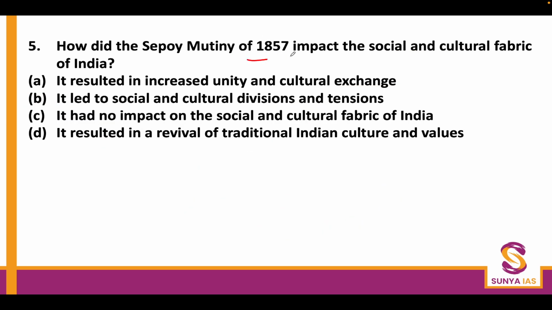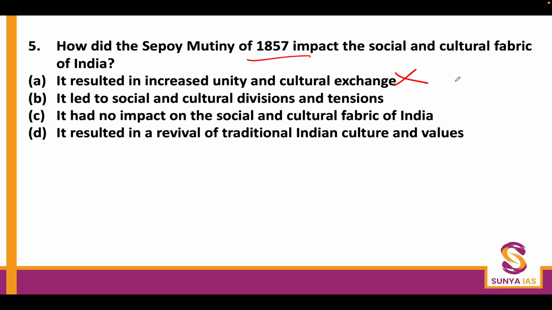How did the Sepoy Mutiny of 1857 impact the social and cultural fabric of India? It resulted in increased unity and cultural exchange? No. In the aftermath of revolt of 1857, British government treated Hindu and Muslim communities separately in a different manner.